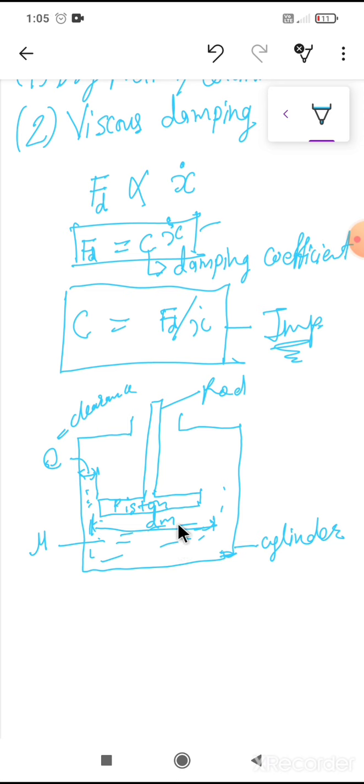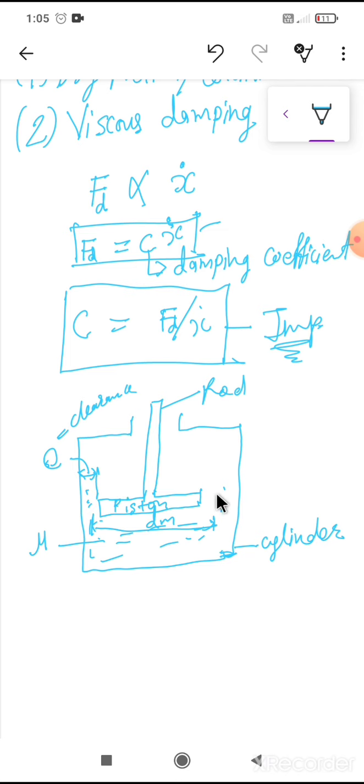The damping action occurs due to the following reasons: damping due to the drag of the fluid. As this piston moves down, the fluid will move up and it will drag back the piston. So this fluid moving up will drag it. Damping is also produced by the flow of the fluid through the clearance space.